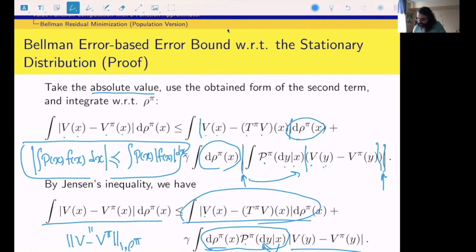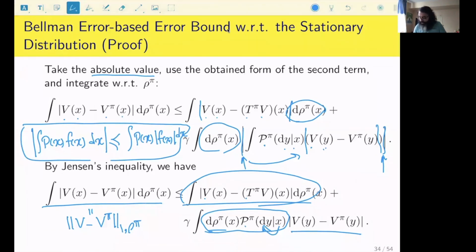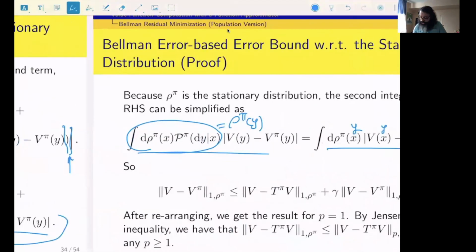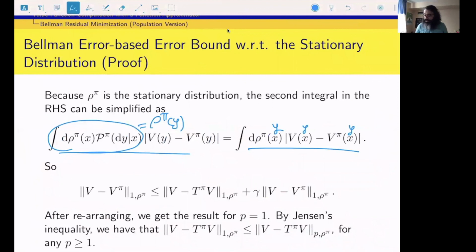And the other one, okay, so the last term, we just showed in this next slide that this is again equal to the L1 norm. And we had one gamma there before.